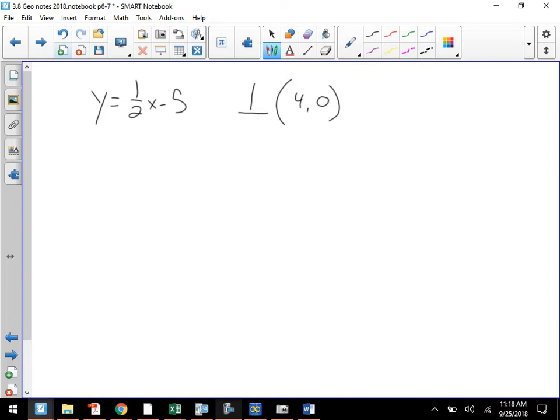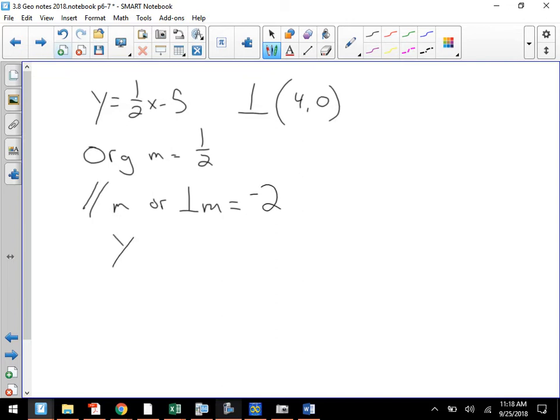It means you have to do opposite reciprocals. It means change the sign, flip the fraction. Original slope is 1/2. What's the opposite reciprocal of 1/2? -2. Good. You have to put it over 1. Doesn't change anything. Just -2.